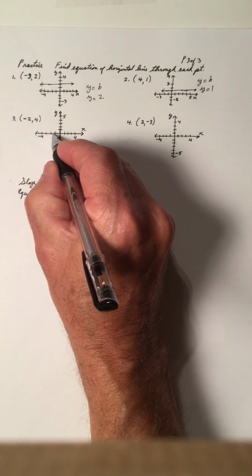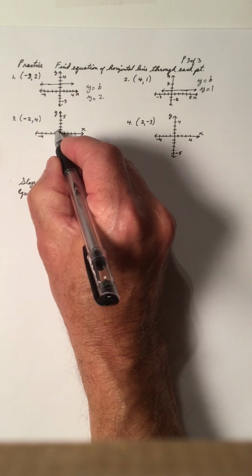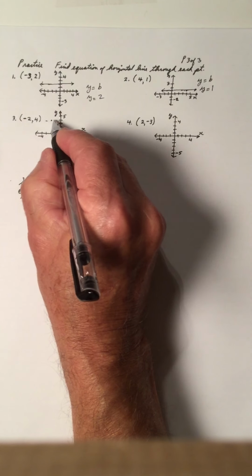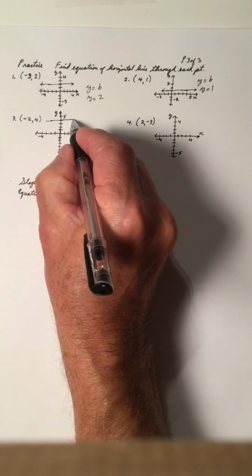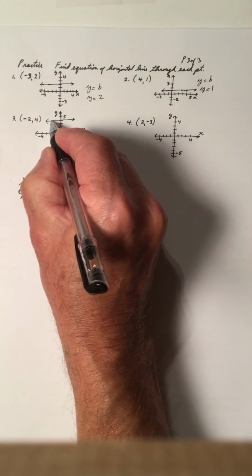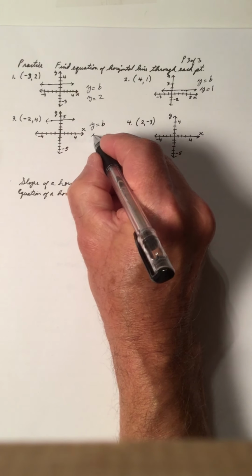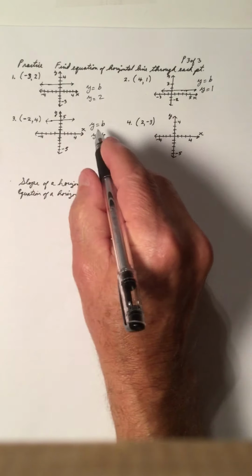Negative 2, 4. 1, 2, and 1, 2, 3, 4, about right there, let's say. So there's the horizontal line. And it's y equals b, or y equals 4, the y coordinate of the point.